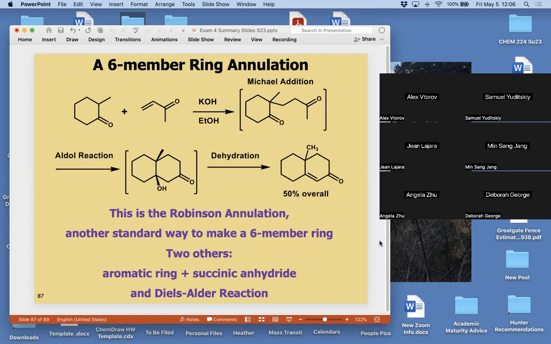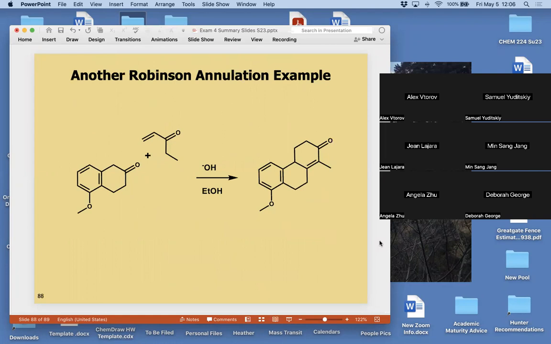Okay, and then there's a Robinson annulation. Okay, multi-step. You've got to be a little bit careful. Keep track of the bonds. We can go through a practice question on this if I find one in what I've got. It'd be a good one to practice on.